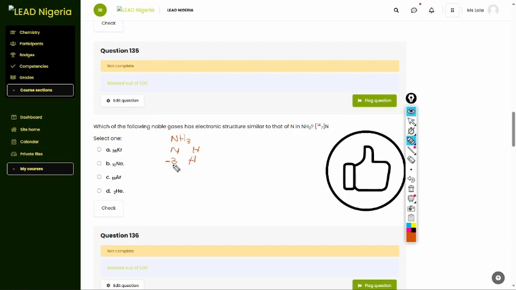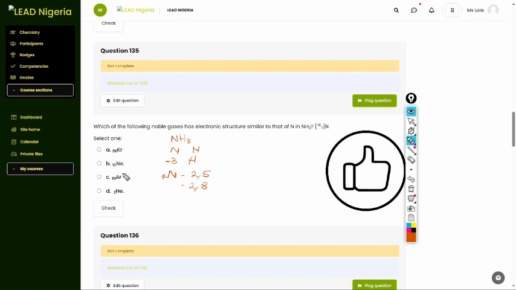The original configuration for nitrogen, as the 7th element, is 2, 5. When it gains 3 electrons, it becomes 2, 8, while hydrogen loses 1 electron.